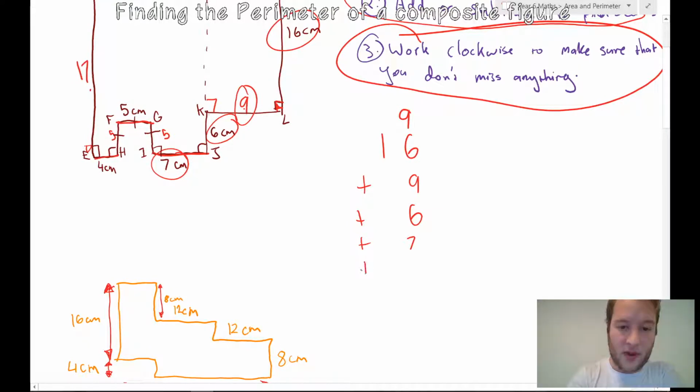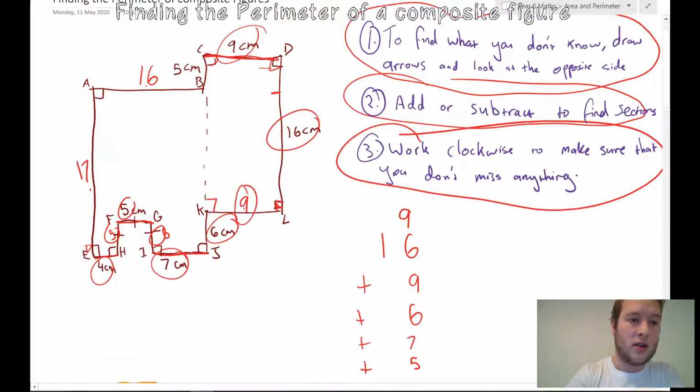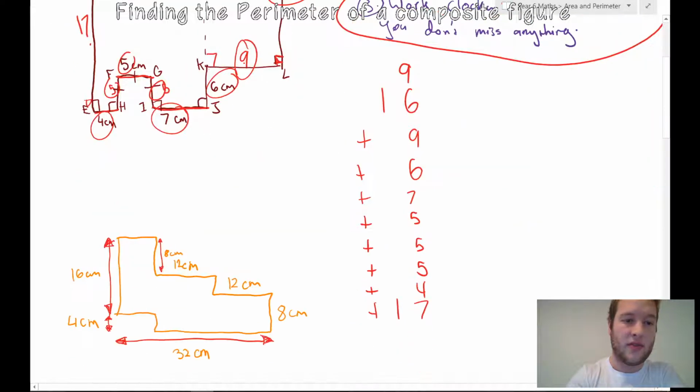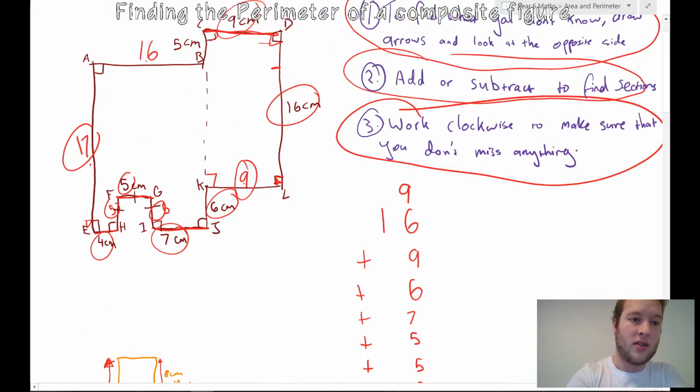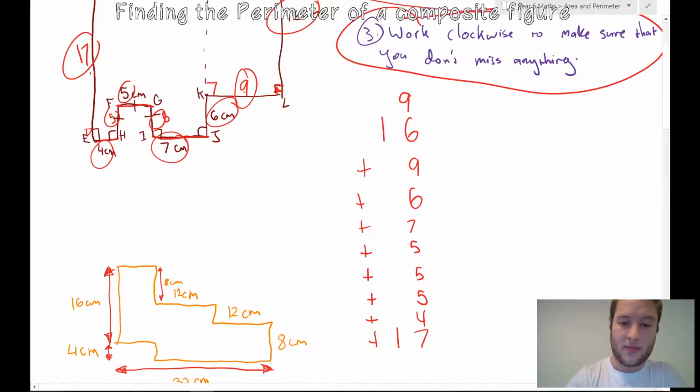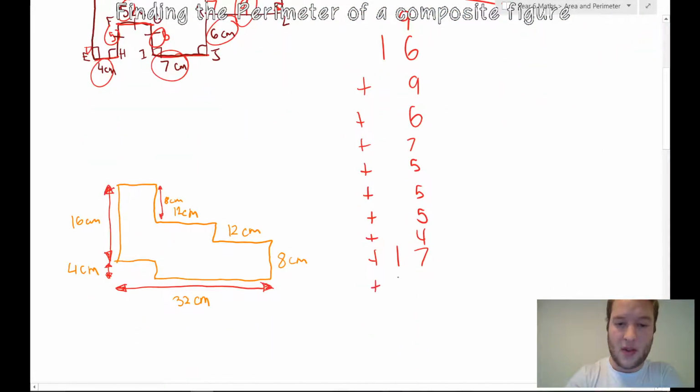We've got plus 5 plus 5 plus 5. So that was here, here, here. Then plus 4. Anyway, you get the idea. Plus 17, plus 16, plus 5. Okay, so it's 17, then 16 and 5. Once I do that, I'll then add it all up, and I should have my answer.